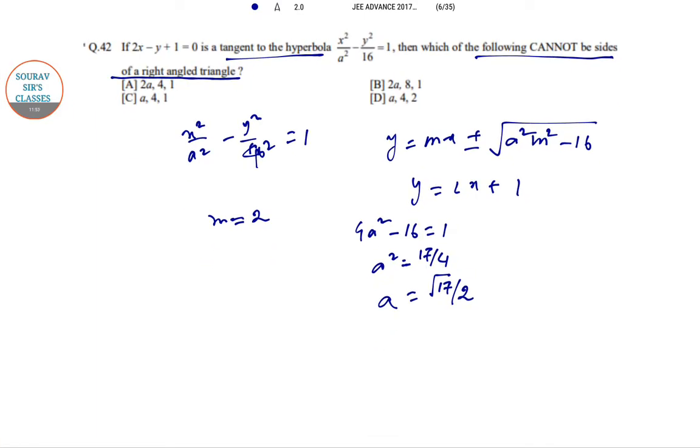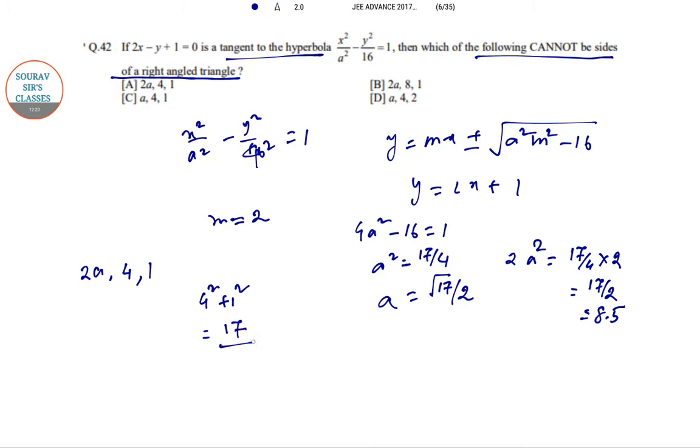Okay, now if we just check it, the first combination is 2a, 4, 1. So if we just do it, 2a squared, so 17 by 4 into 4, so 17, and 4 squared plus 1 squared is 17.